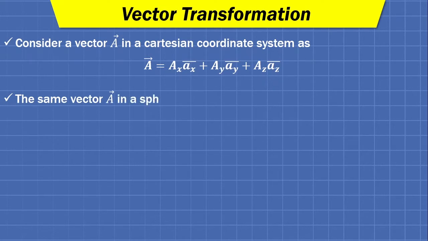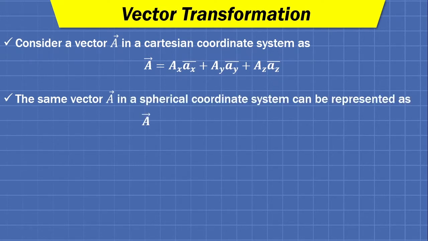The same vector A bar in a spherical coordinate system can be represented as A bar equals AR ar bar plus A theta a theta bar plus A phi a phi bar. Here, similar to above, AR, A theta and A phi are the spherical coordinates of point A, while ar bar, a theta bar and a phi bar represent the directions of r, theta and phi respectively.